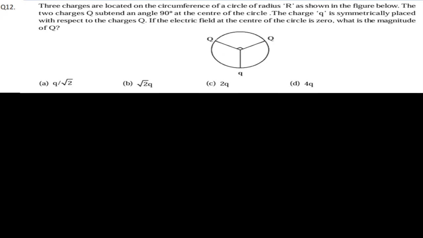Okay, so what has been written here, let's say we have a circle of radius r, and then we have these 3 charges on this circle. These 2 charges are capital Q and another charge is small q. Now the angle between these 2 charges is 90 degrees, and the small q charge is placed here, and it's said that this charge is placed symmetrically with respect to capital Q. So these 2 angles are the same, and these 2 angles are the same.